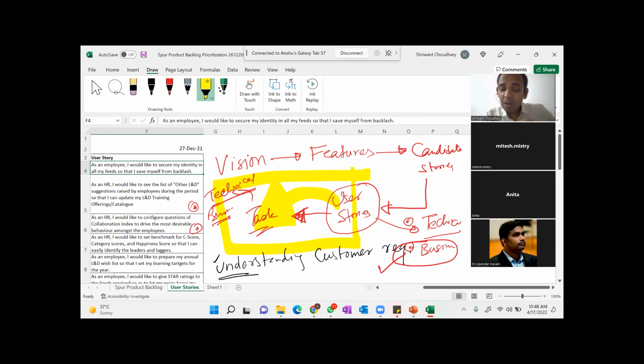Now the team needs to write it in a business functionality manner, not in technical language, but in business language. Business language cannot be sufficient to work on a day-to-day basis, because work is done technically. So for that we have tasks.